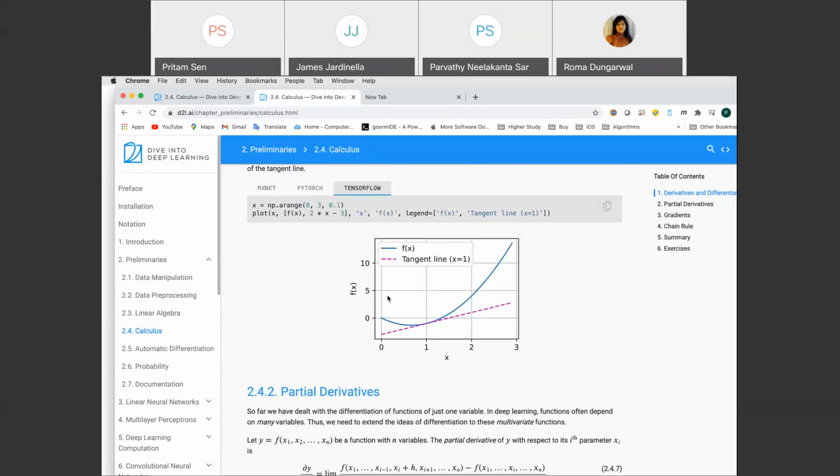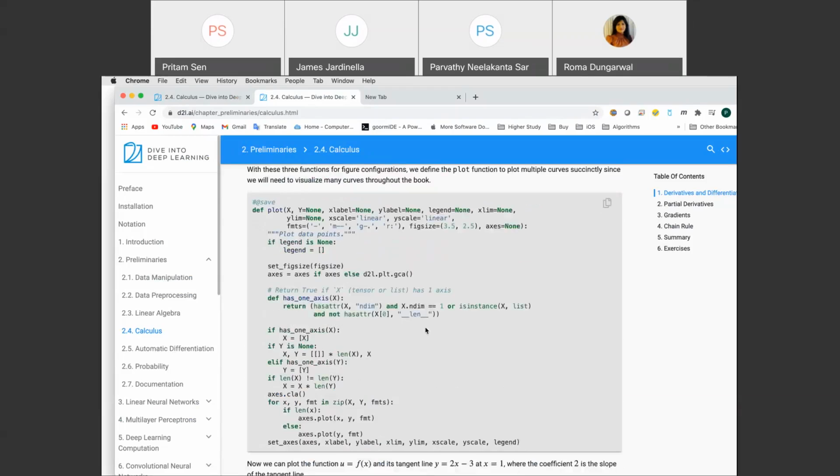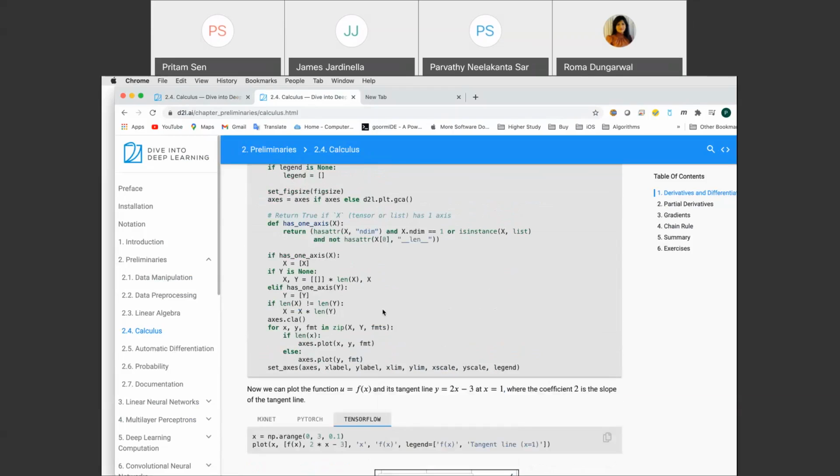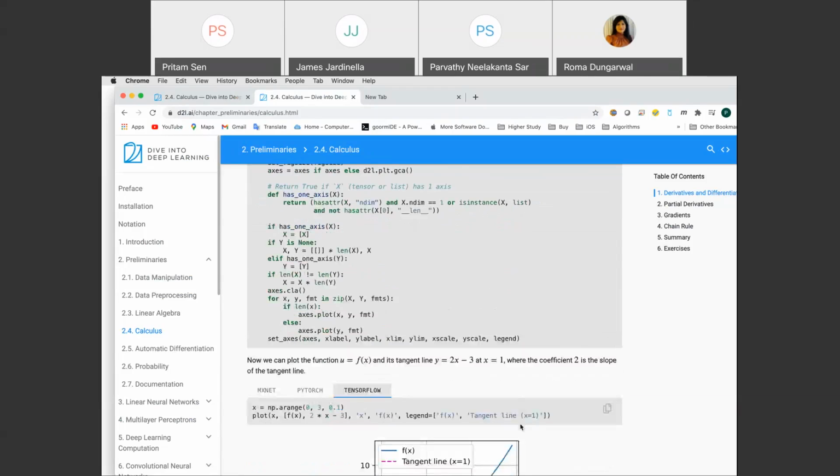For example, this is a plot of a polynomial equation, and if we draw a tangent line here, we can calculate the value of change in this function at this value. So this is calculated in two ways, using the plot to visualize it, and also using the equations.